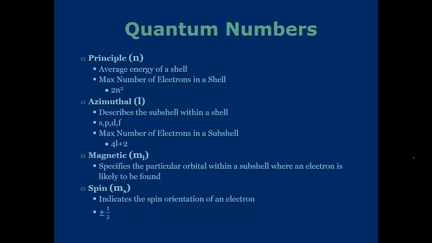The principal is the floor, the azimuthal is the apartment, the magnetic is the room within each apartment, and the spin is the person itself. So if you've got an apartment full of couples, you're going to want to know what floor they're on, what's their apartment number, what room within that apartment they are in, and who's there. So that's a very simple way to look at quantum numbers.